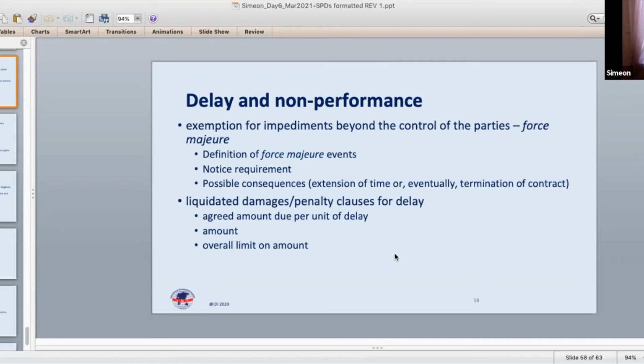In some legal systems, the legal system doesn't actually allow penalties for delay. So they came up with this term called liquidated damages, which is essentially penalties for delays. They're pre-agreed amounts that will be due to the procuring entity for each time unit of delay in the performance of the contract up to whatever the ceiling is. And if that ceiling is reached, then there may be grounds for termination of the contract.